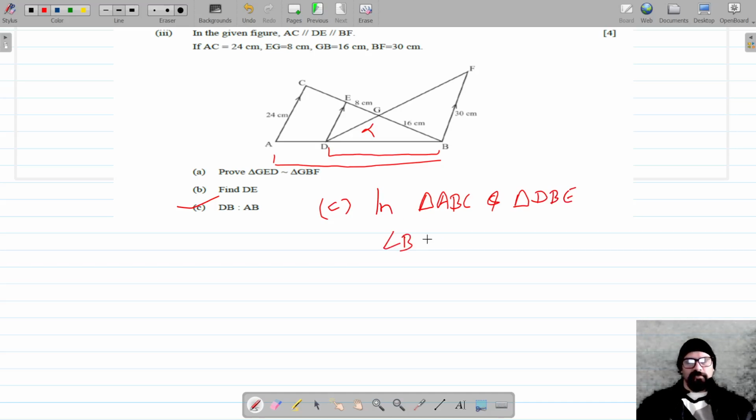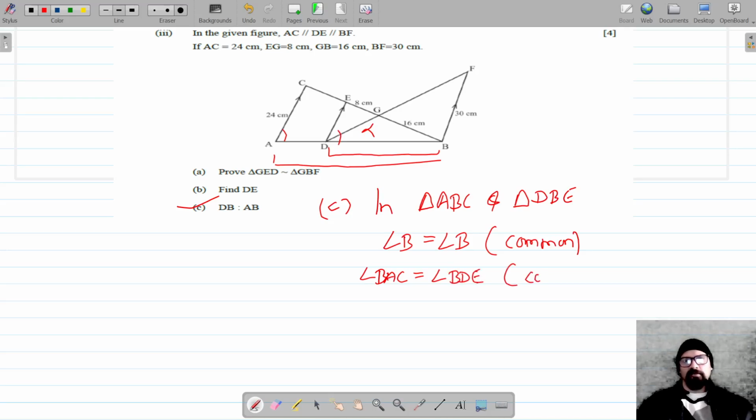In these two triangles, angle B and angle B are overlapping, so these are common angles of both triangles. And then angle BAC is equal to angle BDE, because these are corresponding angles.